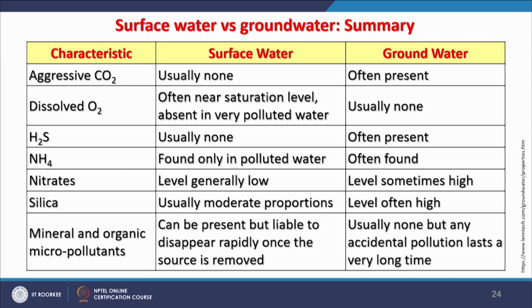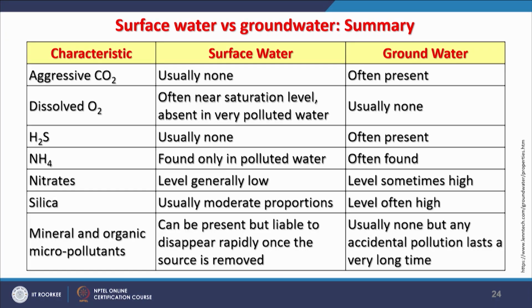Now, excessive carbon dioxide, dissolved oxygen, H2S, NH4, nitrates, silica, mineral, organic micropollutants, these may be present in both cases depending on the local conditions, local geology and local effluents if they are available, because after all sometimes the surface water goes to the groundwater. So, it can influence the groundwater also.